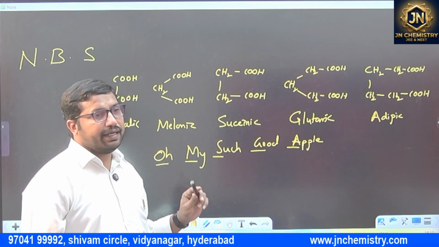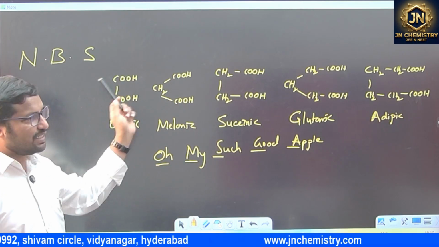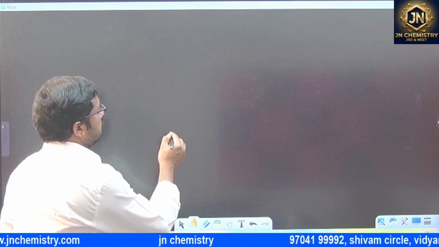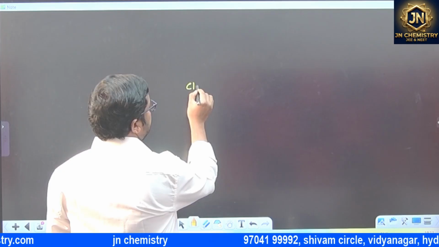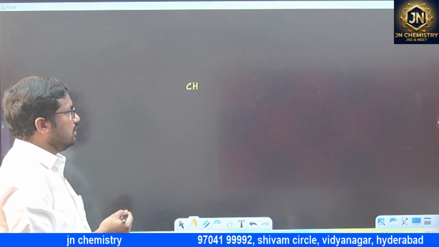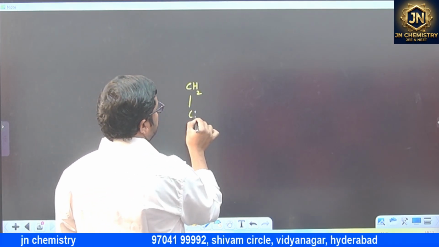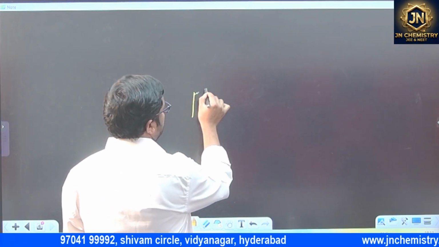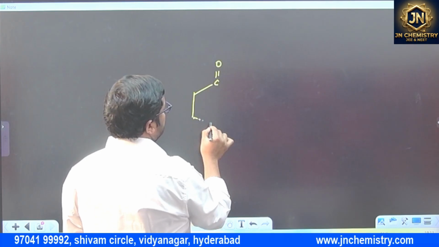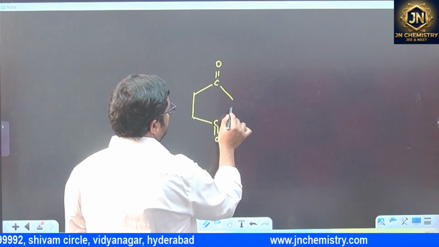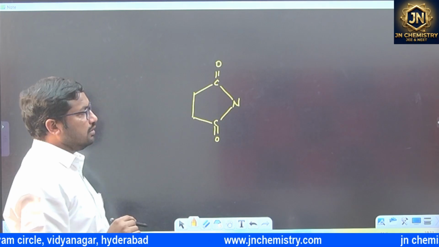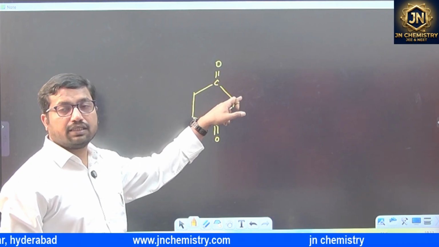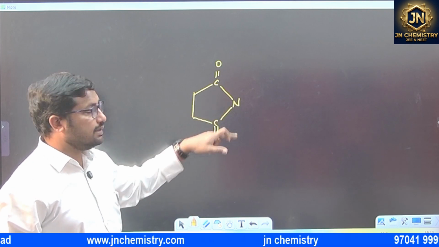So succinimide, NBS means succinimide. To explain the structure, I am just explaining all. Write it down, the people who don't know. Next, this succinic acid, you can treat it with ammonia to get the amide. So directly I am writing this: C double bond O, C double bond O, and this is N. Succinimide. 1, 2, 3, 4, from succinic acid we are deriving the amides.